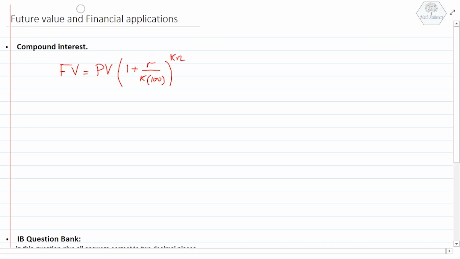Now, FV simply means the future value. PV is the present value. R is the interest rate.